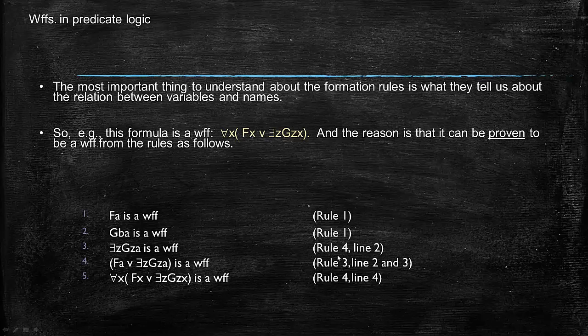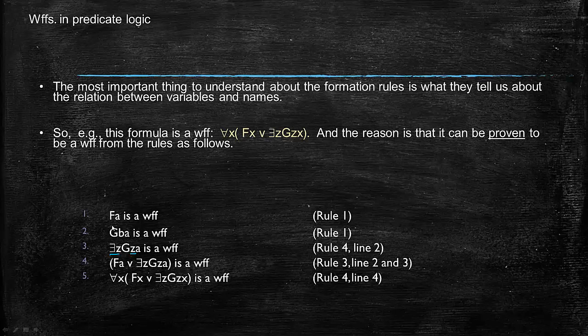Because Rule 4, which we just went through, says that if you take Gba on line 2 and stick a variable, say z, in for b, and slap on the existential quantifier, we just created there exists a z, Gza from Gba, and that's a WFF too. So now we know that there exists a z, Gza is a WFF. Now line 3 says that we can put any two formulas together that we would like to.